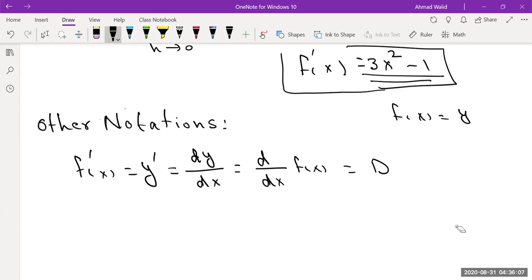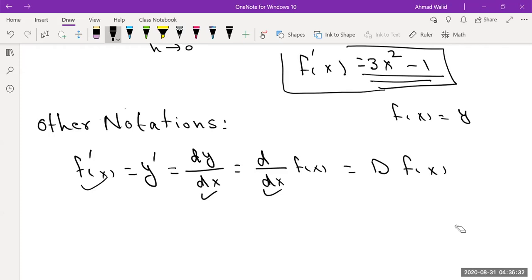Or some people, this is a very old notation that no one uses anymore, D f of x or D x f of x. This is another way of writing the symbol of derivatives. All of them mean f prime. Which ones do we use a lot? This one, or this one.